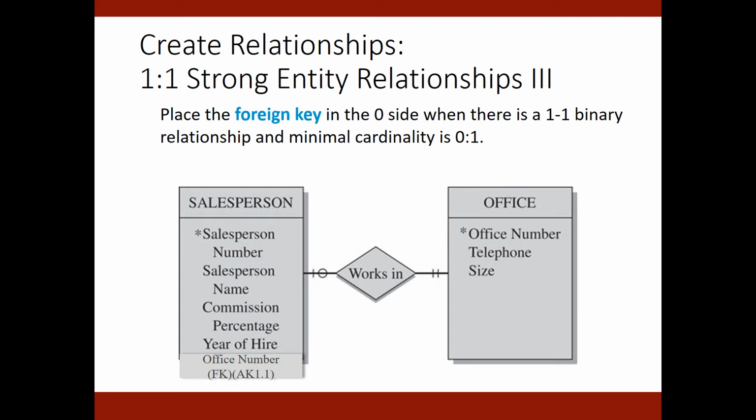If we put the salesperson field in the office table, it will be populated in 5 records, and in the other 5 it will be blank. That is a waste because we are allocating that space in memory and not utilizing it.